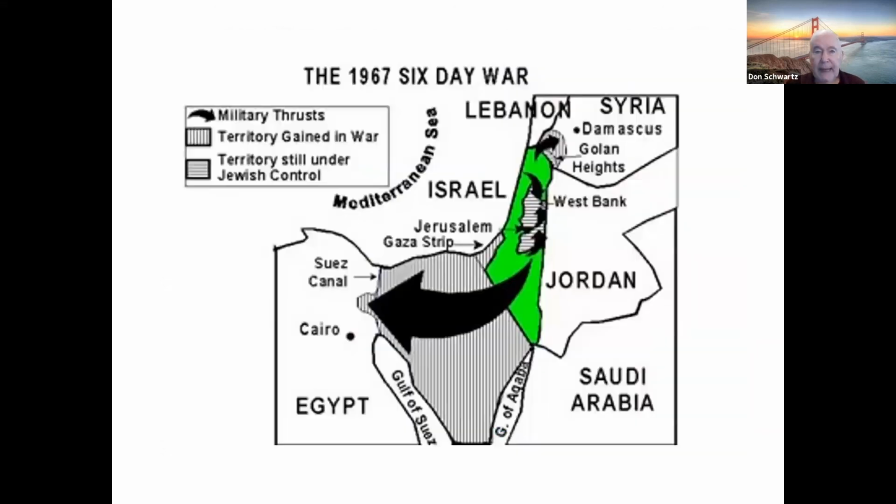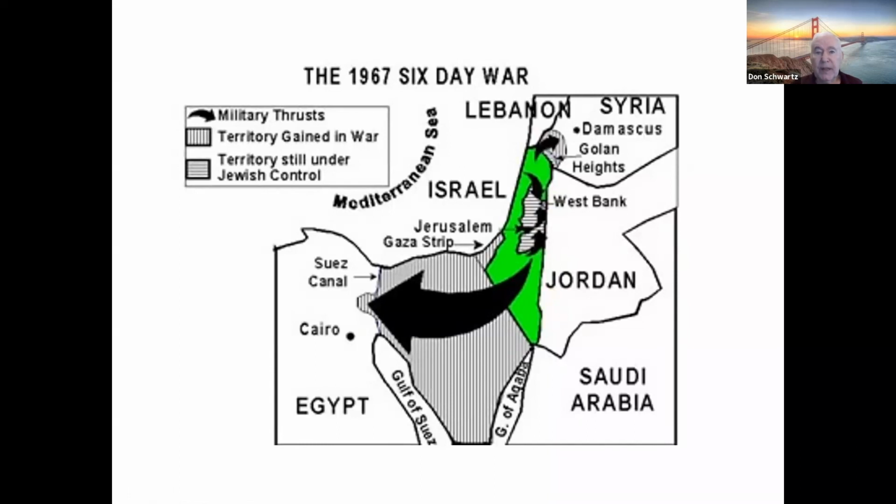And after Israel attacked Egypt, Jordan entered the war on Egypt's side, as you see on this map, the military thrust from Jordan into Israel. But Israel quickly defeated the Jordanian army and took control of East Jerusalem and the West Bank.